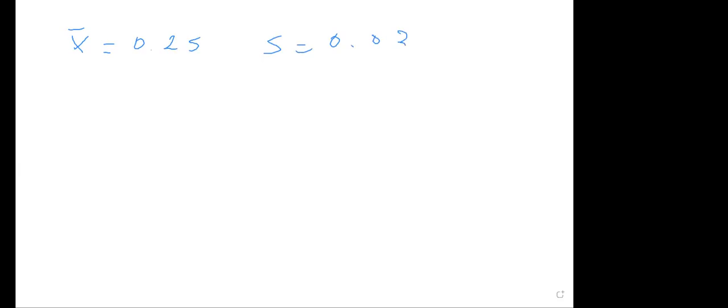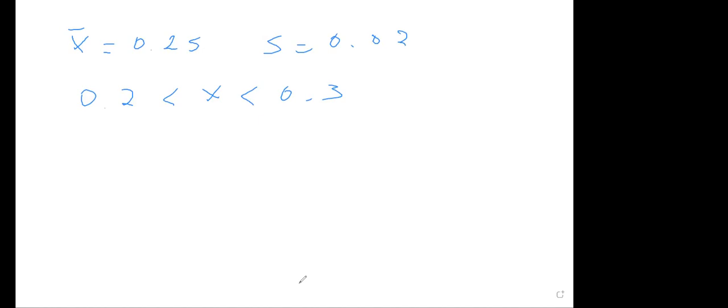So the question is, if the Chebyshev interval is 0.2 to 0.3, what is the minimum proportion of values that are within this interval? That is, if you count the number of values that are between 0.2 and 0.3 and divide it by the sample size, what is the minimum value you should get?